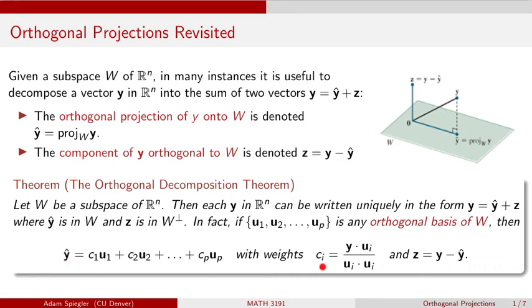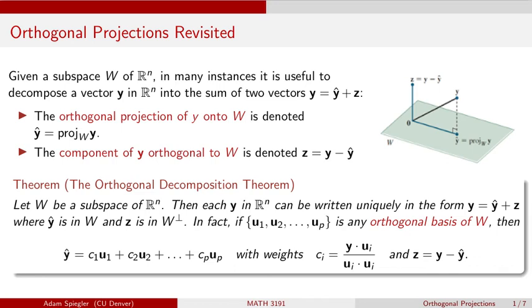And that formula for each of these weights, so for vector ui in this basis, we find the weight ci by taking the original vector y, inner product with ui, divided by the inner product of ui with itself. And if we have a basis for W which is not orthogonal, then this formula does not hold.